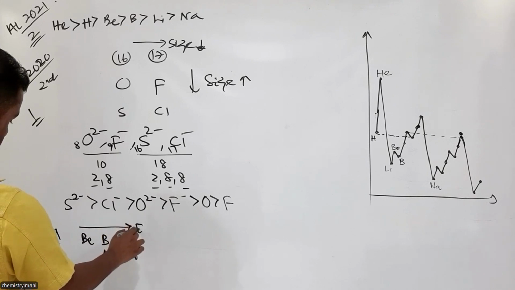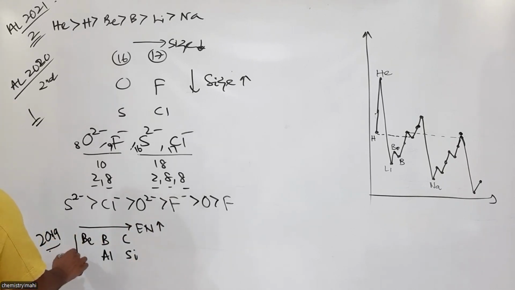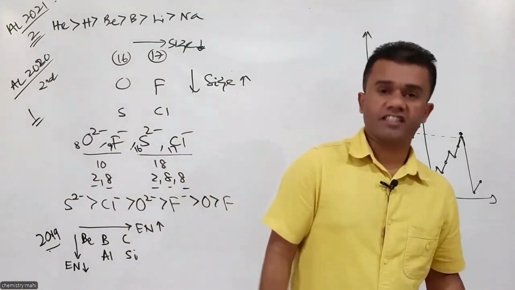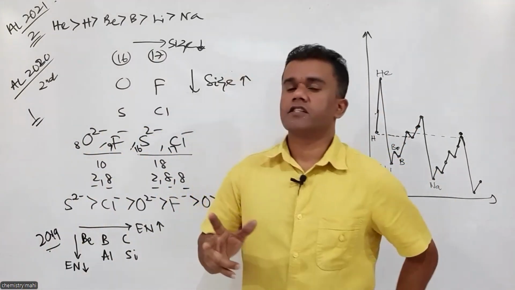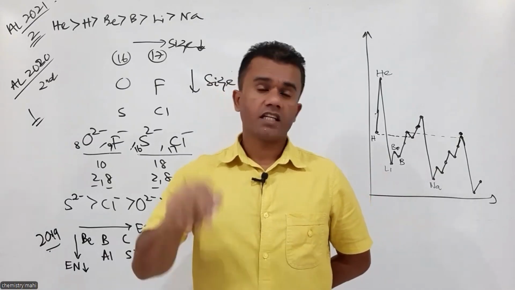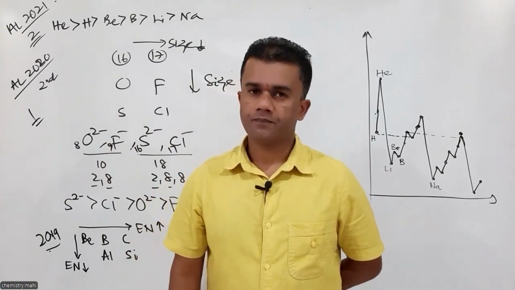From here to here, electronegativity increases. From here to here, electronegativity decreases. Right? Then there's the largest difference. Where do you find the largest difference? The largest difference should be found between the least electronegative one and the most electronegative one.